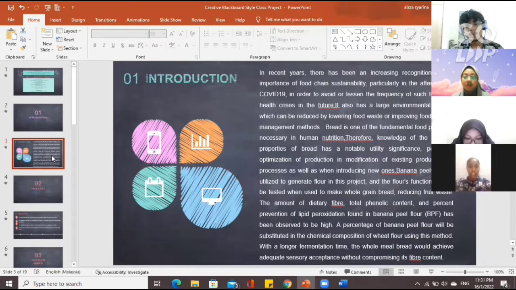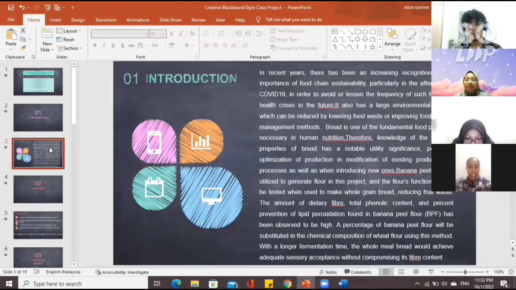In recent years, there has been an increasing recognition of the importance of food chain sustainability, particularly in the aftermath of COVID-19, in order to avoid or lessen the frequency of such food and health crises in the future. It also has a large environmental impact, which can be reduced by lowering food waste or improving food product management methods.